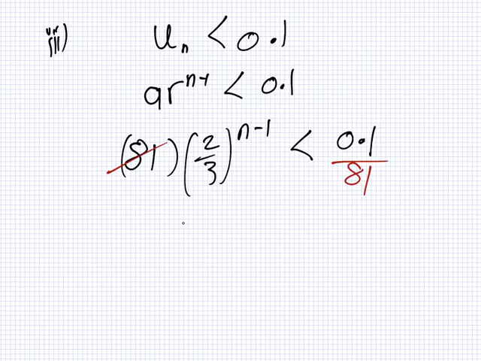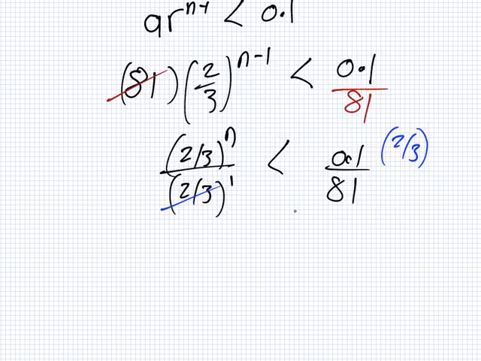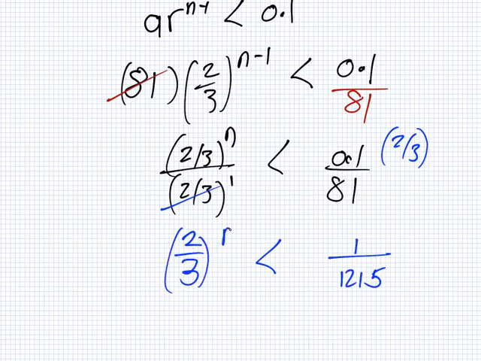And I think I'll also change this 2 over 3 into 2 over 3 n and 2 over 3 1, because that's the same as n minus 1. Like this. And then I don't like this here. I'm going to take it up to here. So I can have just one number instead of 3 numbers. 0.1 divided by 81 times 2 over 3. So on this side I get 1 over 1215, and this side I get 2 over 3n.